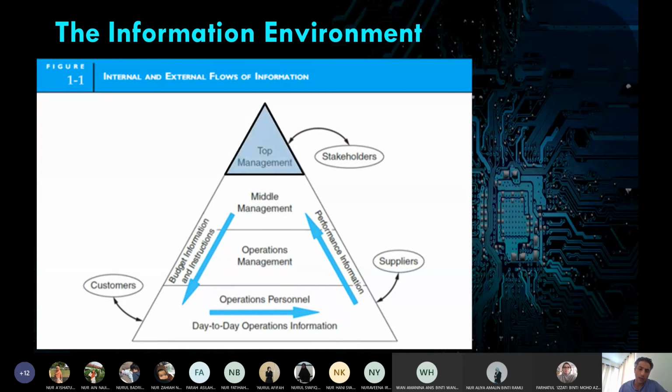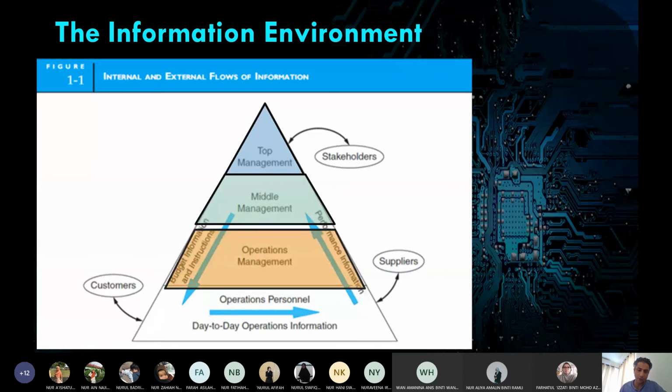Okay, so top management normally will flow some commands, instructions, and budget information to the middle management and operational management, and also to the day-to-day operational personnel.